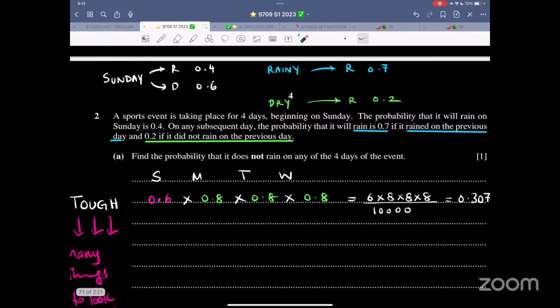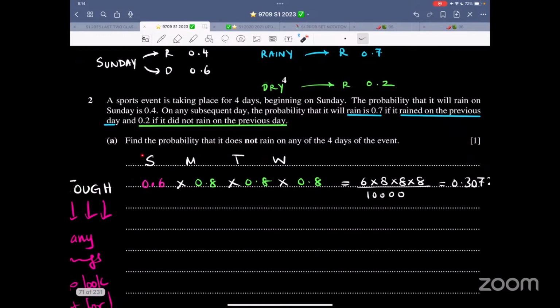Now it says, find the probability it does not rain on any of the 4 days of the week. So that's just for 1 mark to get you started. It started with Sunday. Dry is 0.6. After dry, the probability that it is dry is 0.8, and then again 0.8, and then 0.8.